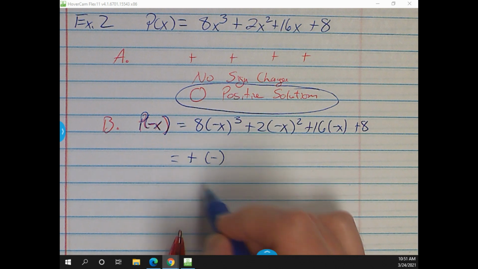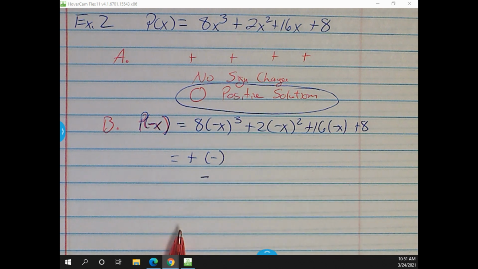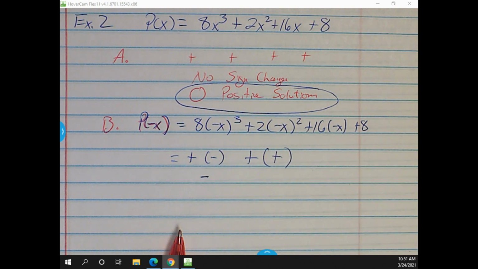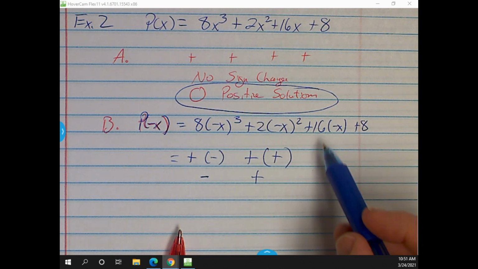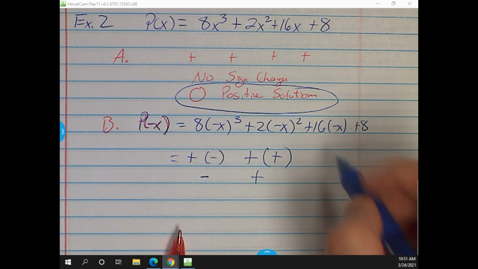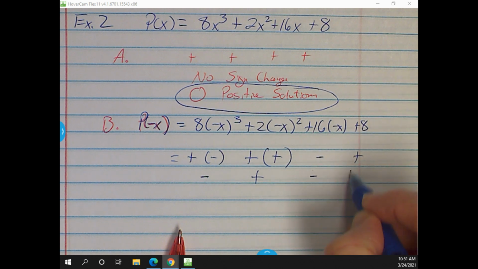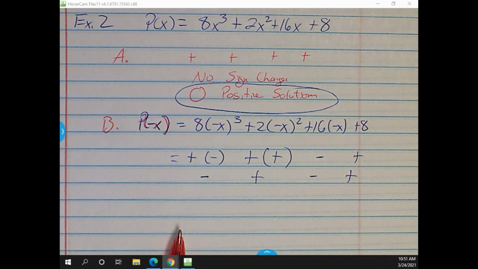So positive times negative makes that a negative. All right, we've got a positive 2. If you do a negative times negative, that makes that a positive. So a positive times positive makes that one a positive. This one is just a positive times a negative, so that one's a negative. That one's a positive. So if we look at all of our signs, there's what we've got.